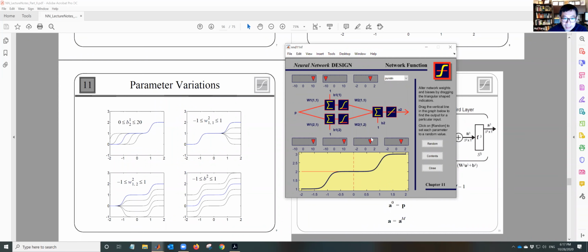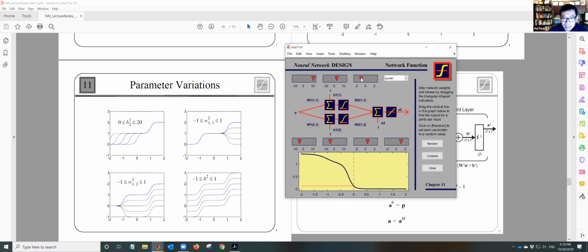But if I change the W, what's going to happen? You see, what happens? It changes the shape, right? You see here, W. Make sense? Okay, if I change this W, what's going to happen? Oh, it's interesting. So after you adjust the weight, pretty much you can adjust it into any function, you see?